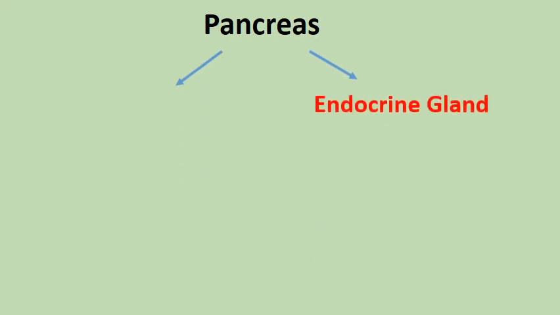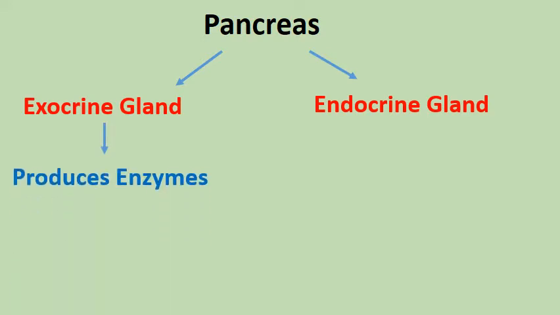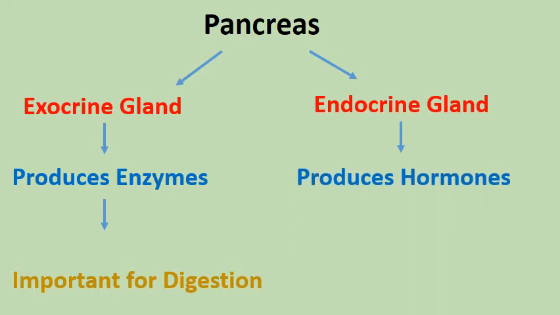It's considered as an endocrine gland and an exocrine gland. When it is an exocrine gland, it secretes enzymes. These enzymes are important for digestion, while when it functions as an endocrine gland, it produces hormones, and these hormones are important for regulating sugar in the blood.